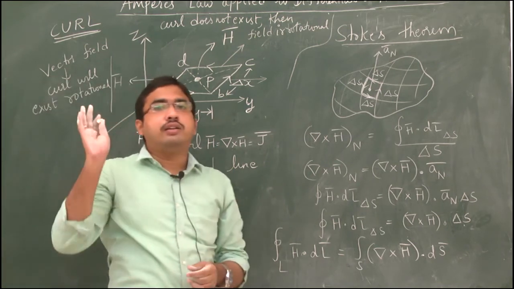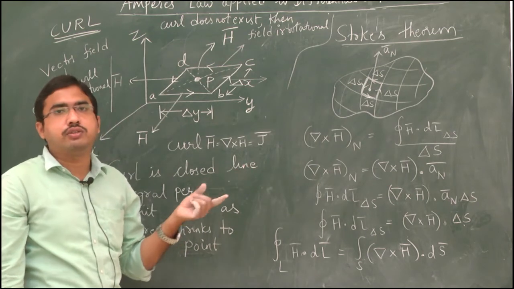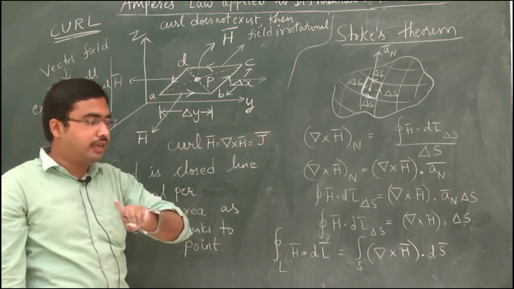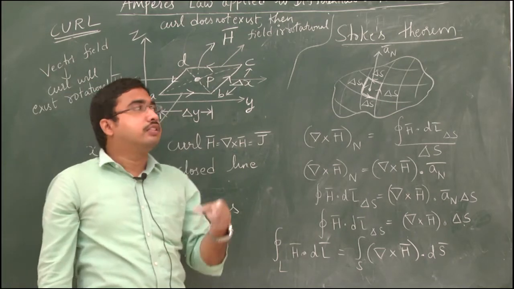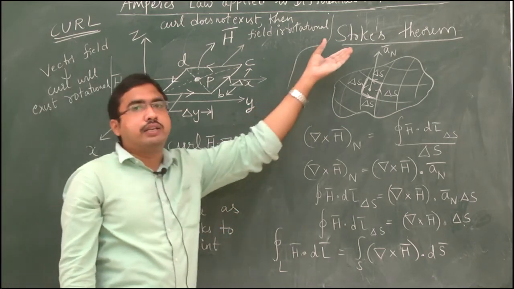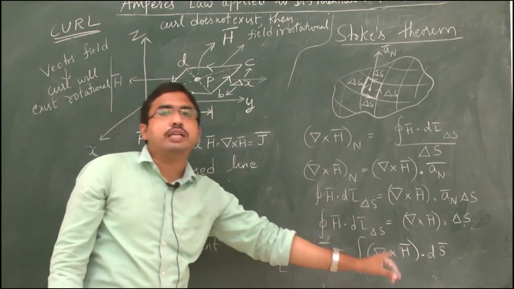Now, similarly, in divergence we have seen the divergence theorem, which is used to convert a surface integral to a volume integral. Similarly, here by using Stokes theorem, we can convert a line integral to a surface integral.